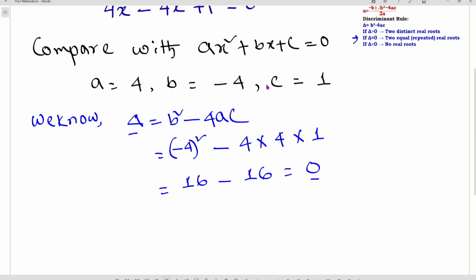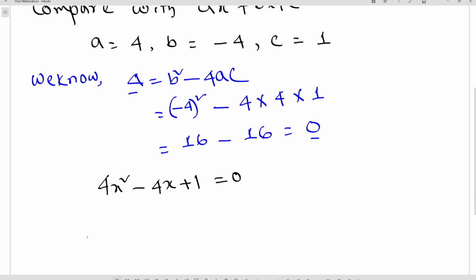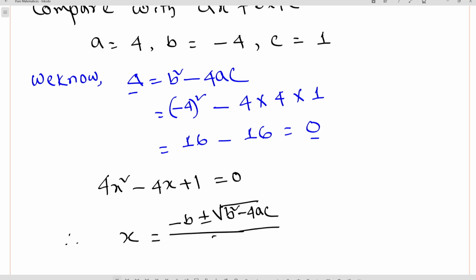How? Here we can write 4x² - 4x + 1 = 0. So here x will be, we know, (-b ± √(b² - 4ac)) / 2a. So here minus b, and b equals -4.